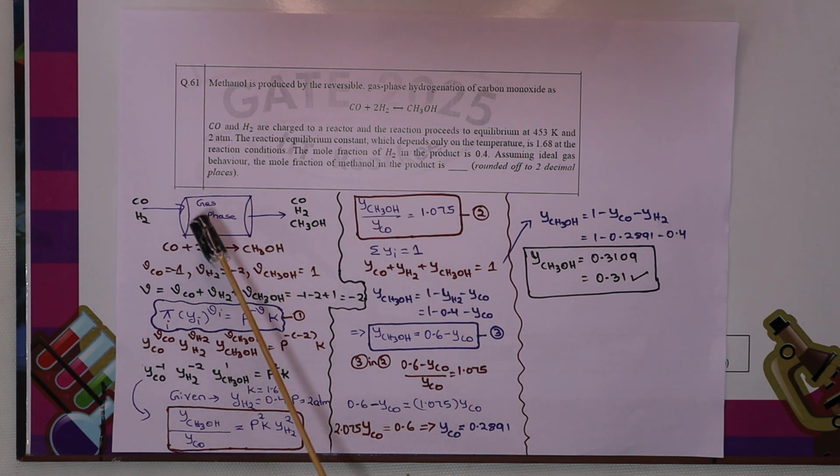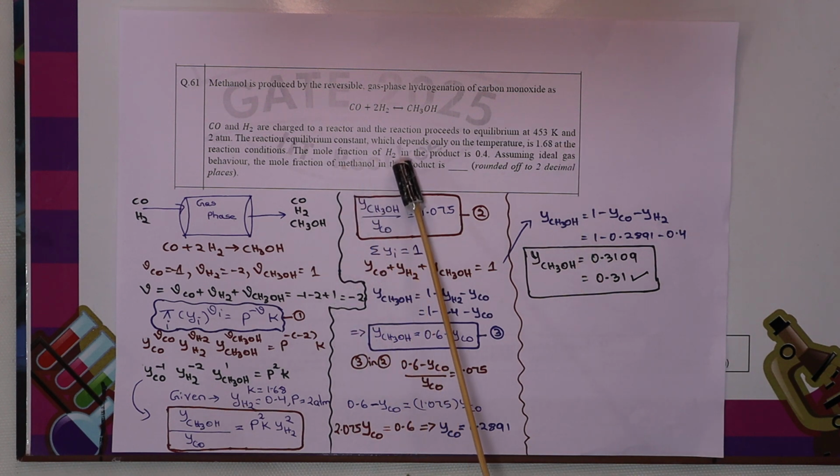That means inside the reactor the temperature is 453 Kelvin and pressure is 2 atmosphere. And the reaction equilibrium constant, which depends only on temperature, that means for every reversible reaction there is an equilibrium constant. It is given as 1.68 at the reaction conditions, that is at 453 Kelvin.